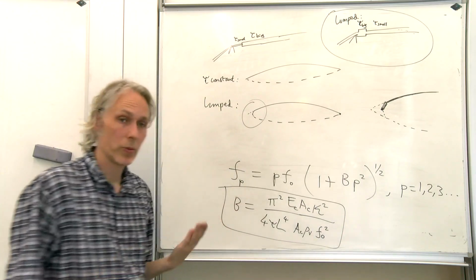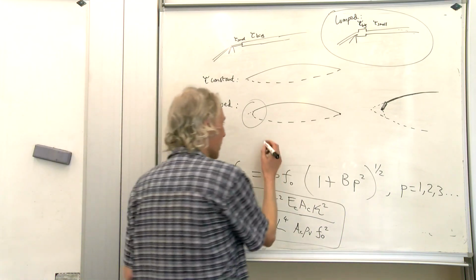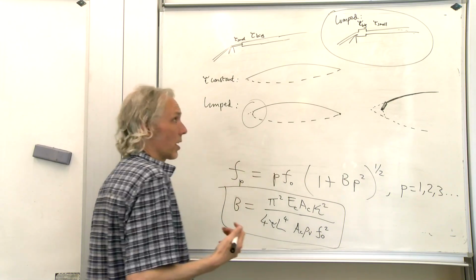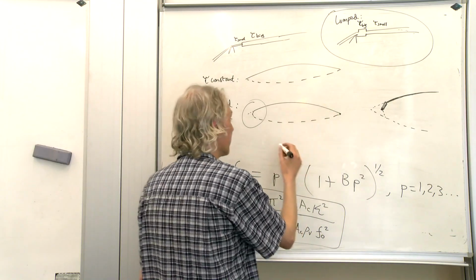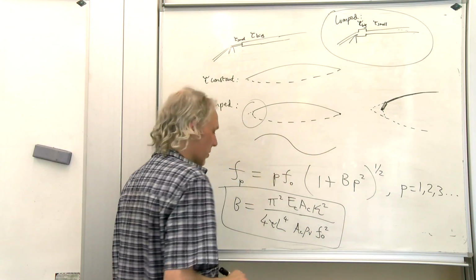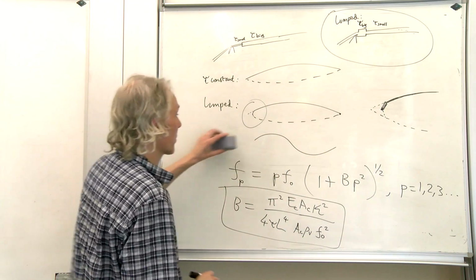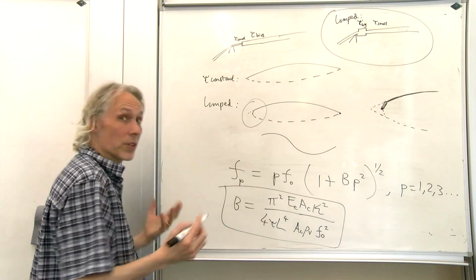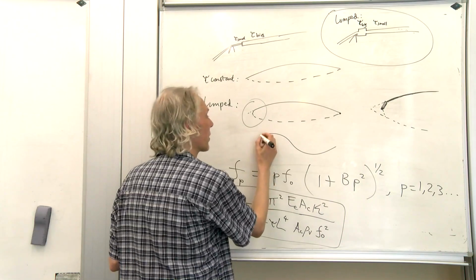What happens for n equals 2? For n equals 2, we are introducing a different frequency, which is basically doing this type of thing. And this time, instead of it starting very close to the end, I'm exaggerating the size of the lump here, but you get the idea.